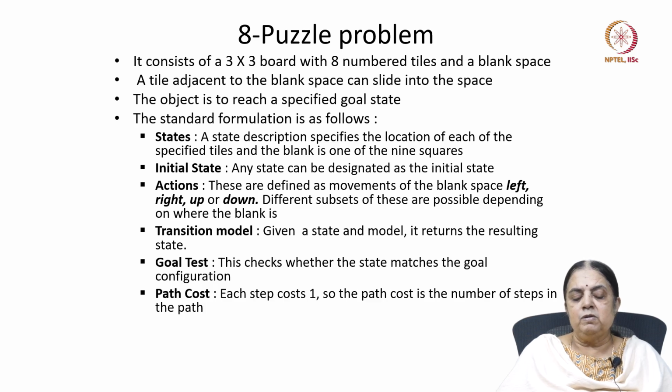So the path cost will be the number of steps that you require to move from the initial state to the goal state. And the transition model, given a state and an action, returns the resulting state. Okay. So this is the formulation of the 8 puzzle.